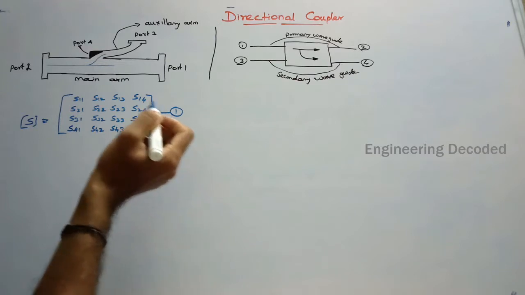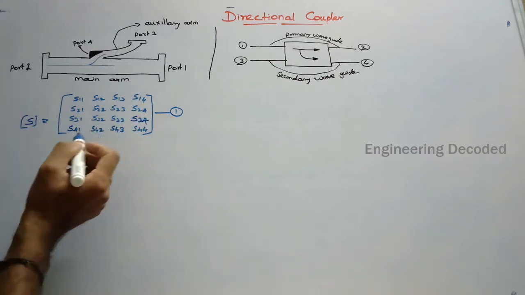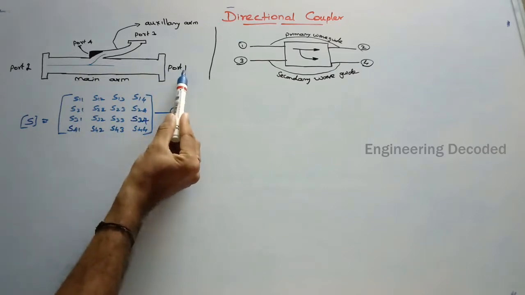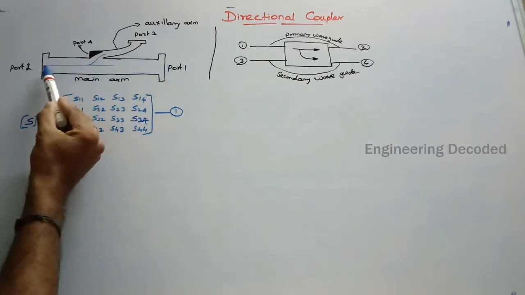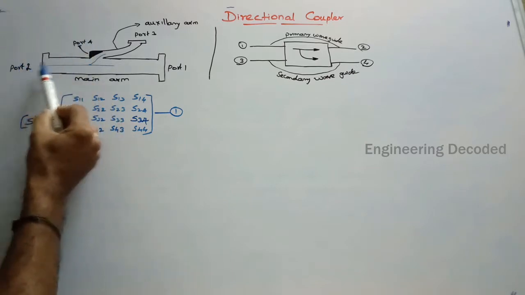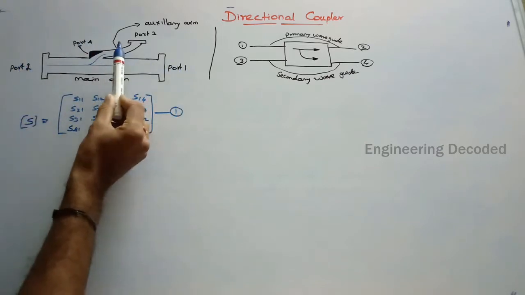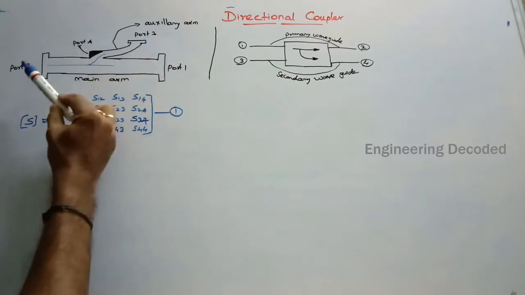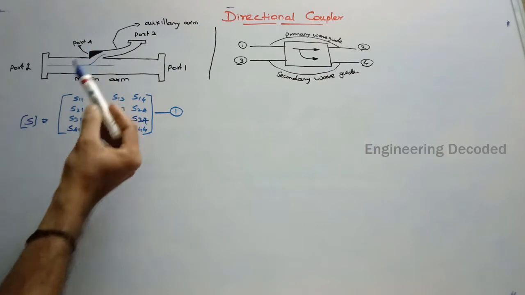Now we know when we are applying a signal through port 1, it will come out of port 2 and port 4. Similarly, if you are sending a signal through port 2, it will come out of port 1 and port 3. So there is no connection between port 1 and 3, and there is no connection between port 2 and 4.